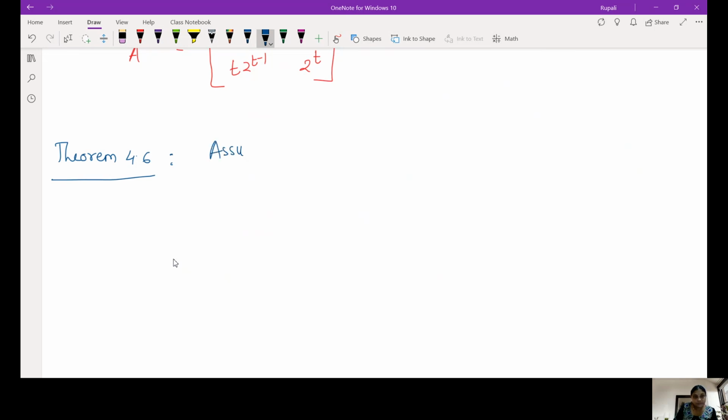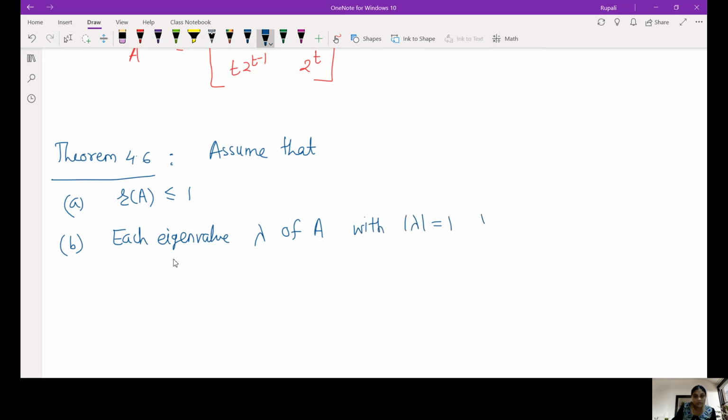Assume that (A) the spectral radius of A is less than or equal to 1, and (B) each eigenvalue lambda of matrix A with mod lambda equal to 1 is simple.